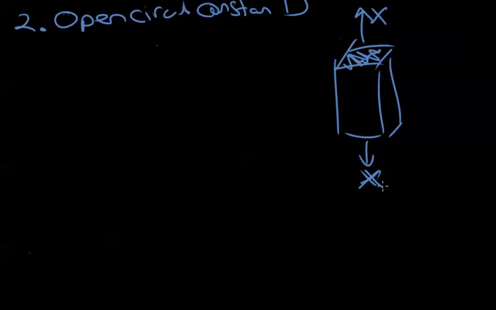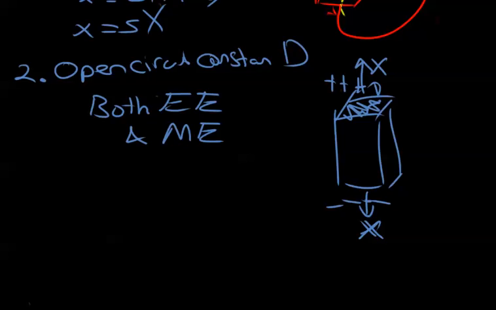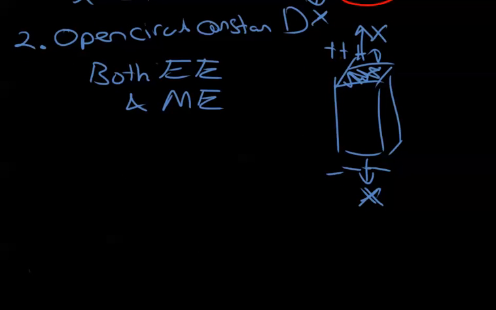And we get both electrical energy and mechanical energy. Because we have charges on the top, we have charges on the bottom, we have some electrical energy in there, we have some mechanical energy in there. So in the first example, we apply a stress, we only got mechanical energy. In this one, we apply a stress, we got mechanical and electrical energy.